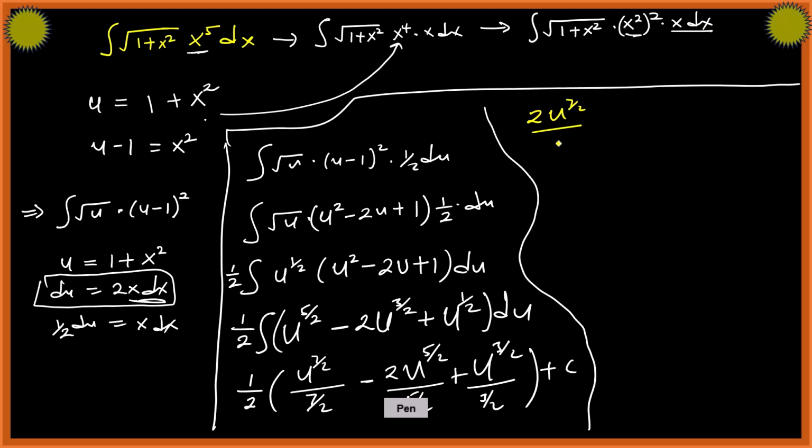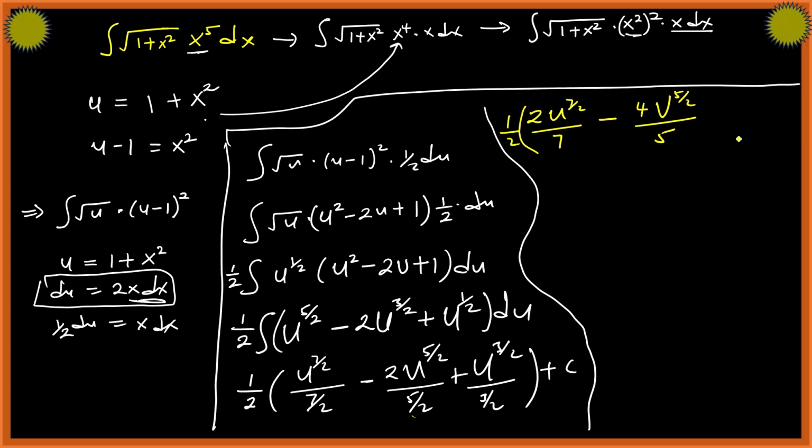Remember, everything is multiplied by half. So this 2 will multiply this, so we have 4u raised to 5 on 2 over 5.